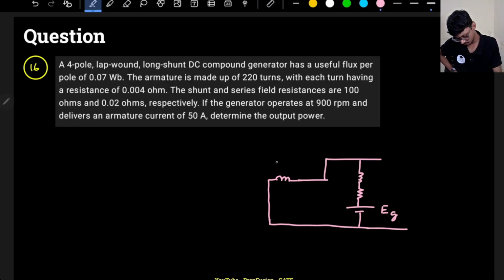So this will be RSH, and this will be R series. They have given me the shunt resistance as 100 ohms, and the series resistance is 0.02 ohms.